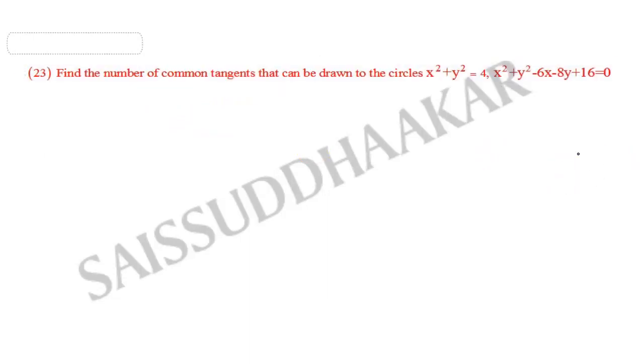Next, find the number of common tangents that can be drawn to the circles x square plus y square equals 4 and x square plus y square minus 6x minus 8y plus 16 equals 0. Here two circles are there.